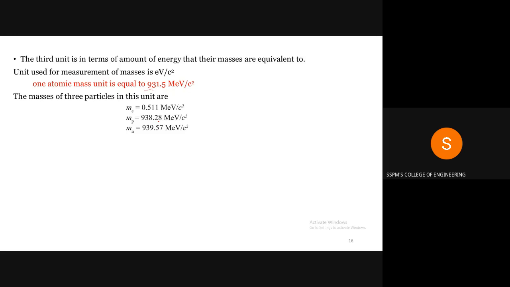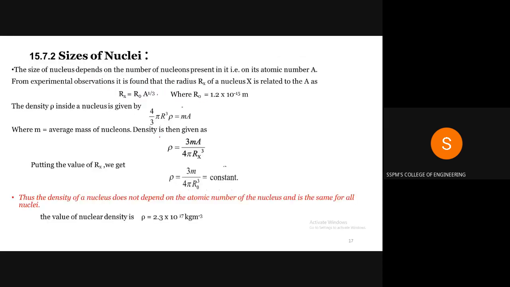Now the next concept is the size of the nucleus. The size of the nucleus depends on the number of nucleons present in it, that is, on its mass number A. From experimental observations, it is found that the radius of a nucleus is related to A by a formula.